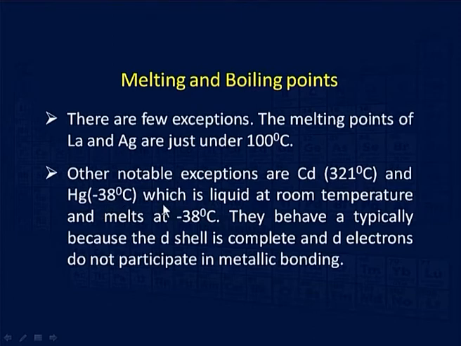In fact, you are aware that mercury is the only metal which exists in the liquid state at room temperature. Other than mercury, no metal can exist in the liquid state at room temperature. Almost all are solid at room temperature.